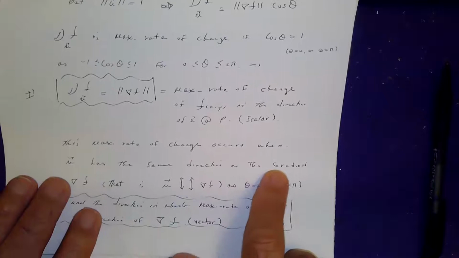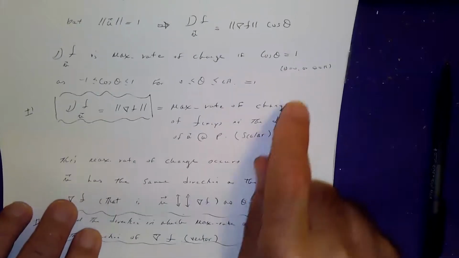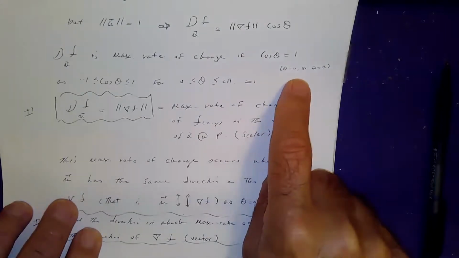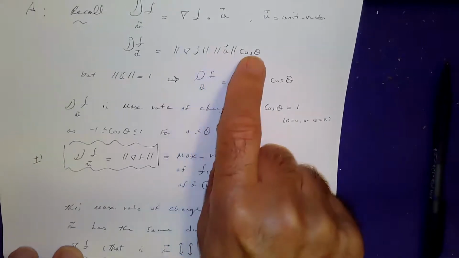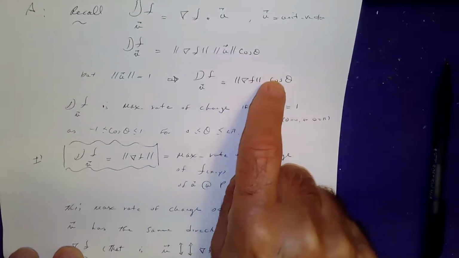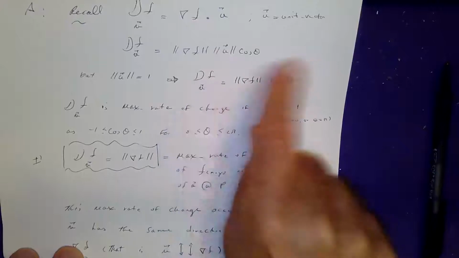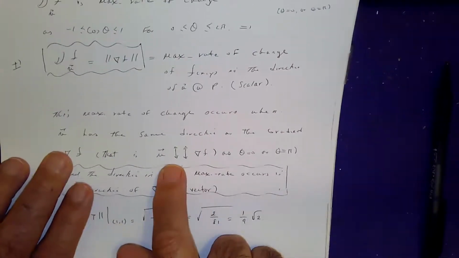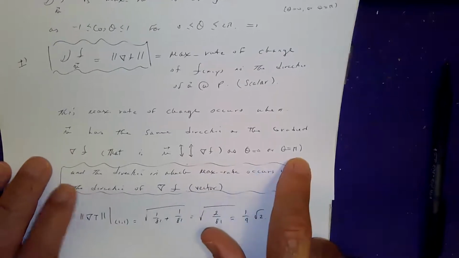And this maximum rate of change occurs when u has the same direction as the gradient vector. In other words, u has to be parallel to the gradient vector. Remember, theta was 0. If the angle between u and the gradient is 0 or pi, that means they are parallel. So u is parallel to the gradient vector as theta is equal to 0 or pi.